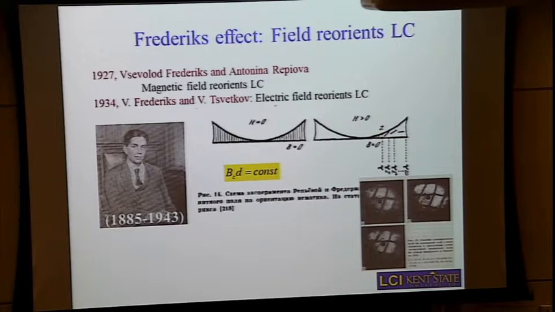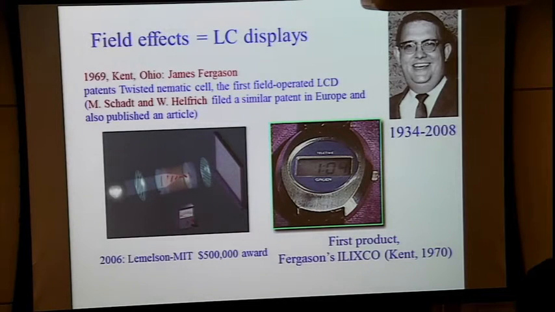So now we call this the Frederiks effect, and its electric field version is being used in liquid crystal displays. This is the person who was the first to successfully apply the Frederiks transition to a commercially viable product. This is the grandfather of all these iPods and flat panel TV screens produced in Kent, Ohio.